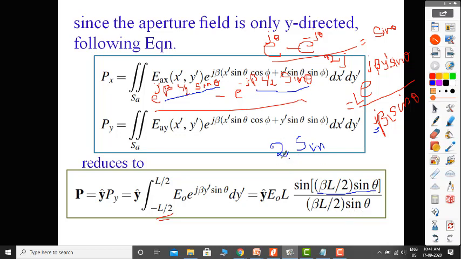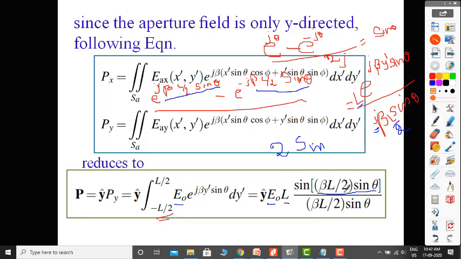Now you bring the two from the numerator to the denominator. We can write the 2 as j beta L by 2 sin theta. Because we multiplied L in the numerator and denominator, that L is 1, and we have beta L by 2 sin theta.